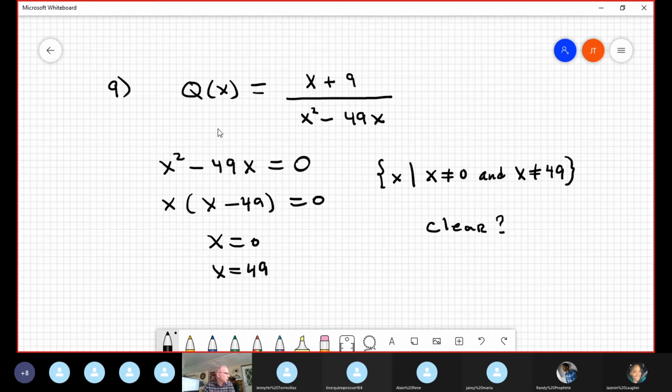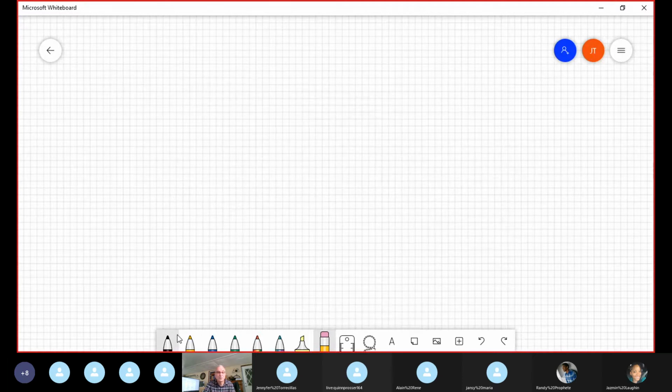Okay. Let's move on to number 10, which is the last problem of this part, domain of a rational function. Okay, 10.